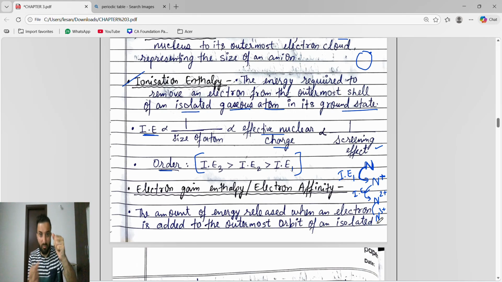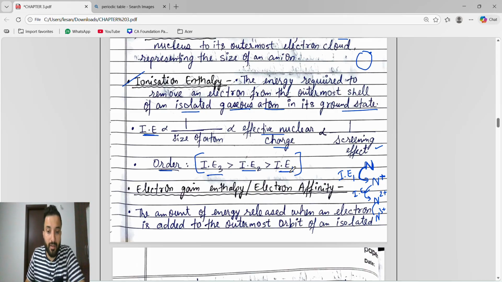If the force of attraction is more, we have to use higher energy to remove the electron. So that's why the third ionization enthalpy is more than the second, then the first. The first ionization enthalpy is very less.